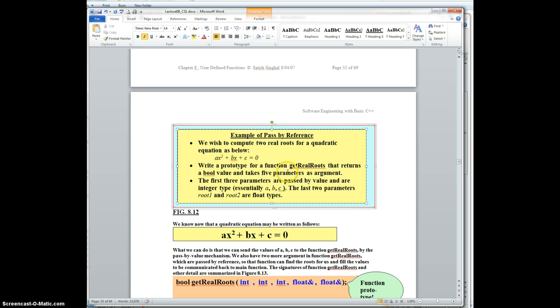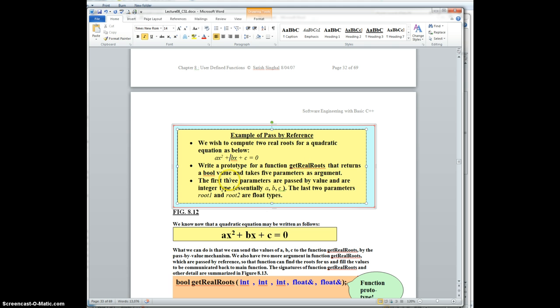It's going to take 5 parameters as arguments: a, b, c. These are the 3, and these will be integer type, and we need 2 more parameters to return the 2 real roots. We are not computing the imaginary roots because then we'll need too many parameters. We are not making this function that complicated at this time.